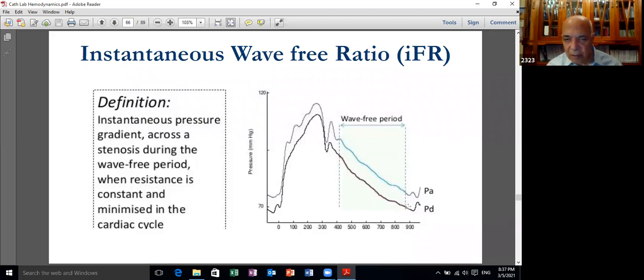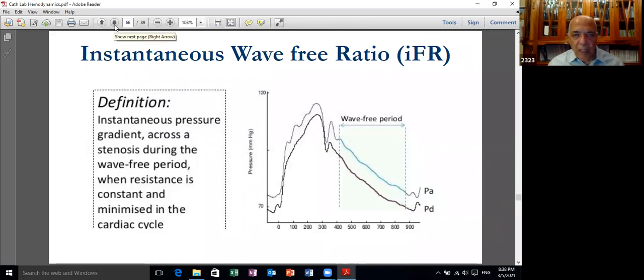So this part of diastole is very applicable for utilization without the need of giving peripheral vasodilatation. So there is no adenosine, there is no papaverine, there is nothing. You just measure the difference between the pressure distal and the pressure proximal during this period, and the cutoff point here is 0.89.